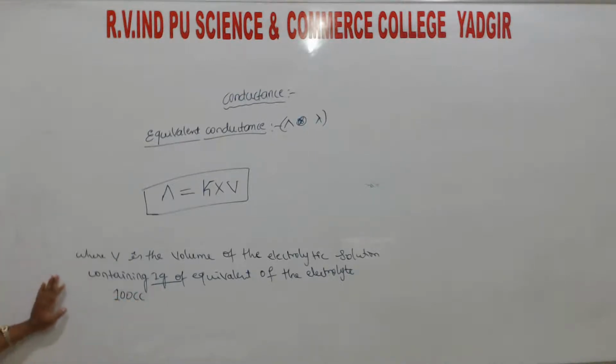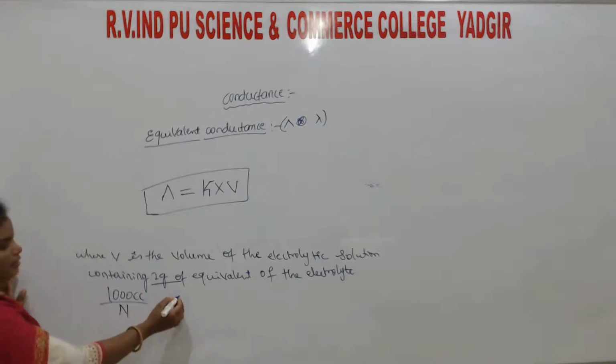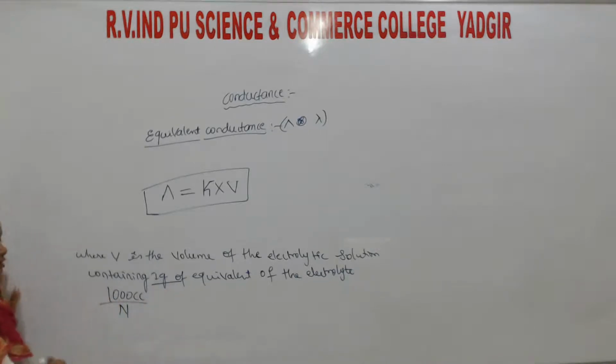The volume of the solution containing 1 gram equivalent will be written as 1000 divided by n, where n is the normality.